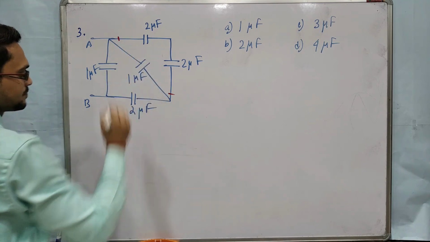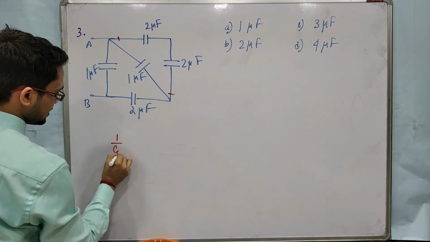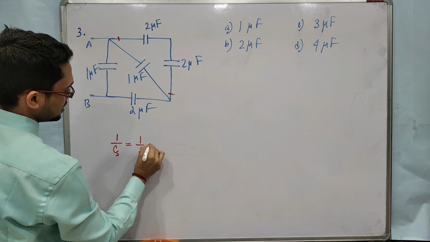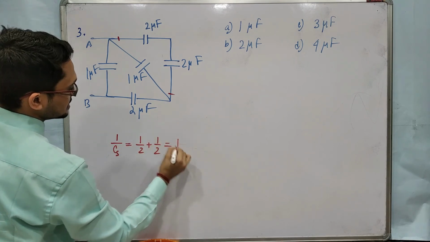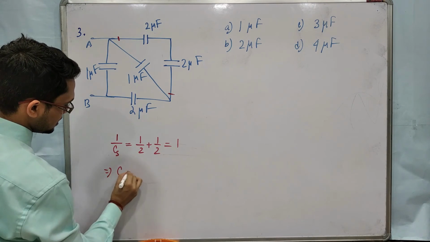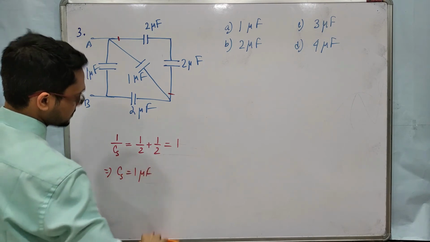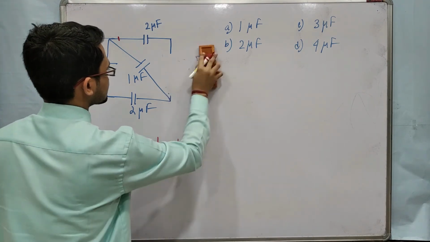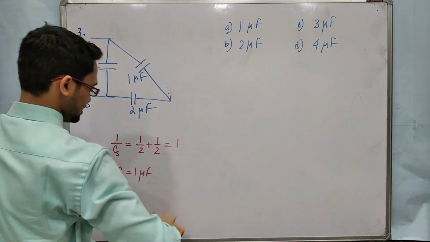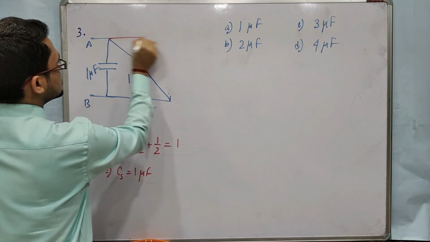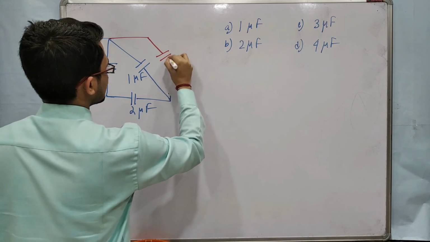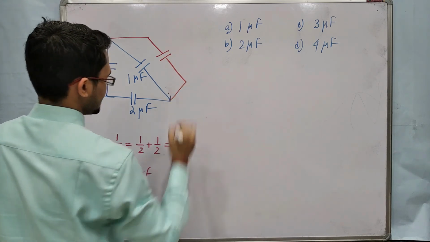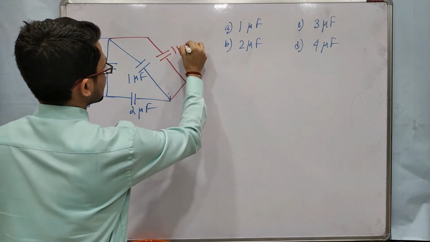So first 1 by CS equals 1 by 2 plus 1 by 2. That means it will be 1, so CS will be 1 microfarad. So remove this part and join here a capacitor having capacitance 1 microfarad.